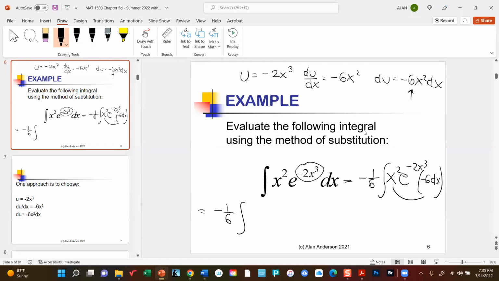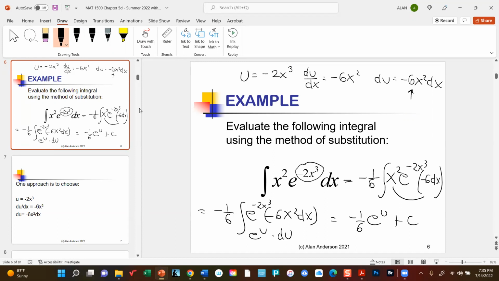That's better. So in other words, if you consolidate these two, you can see yes, we do indeed have e to the u du. And then, of course, since u was chosen to be minus 2x cubed, that's it. It's all set.